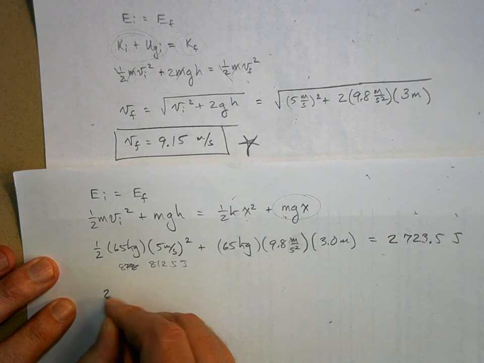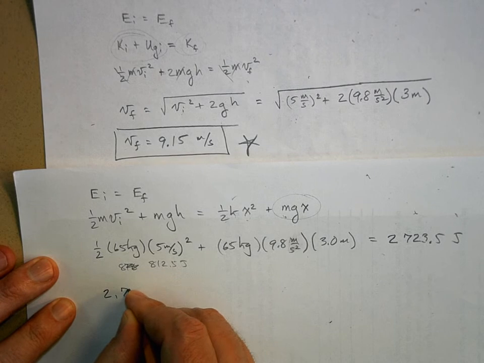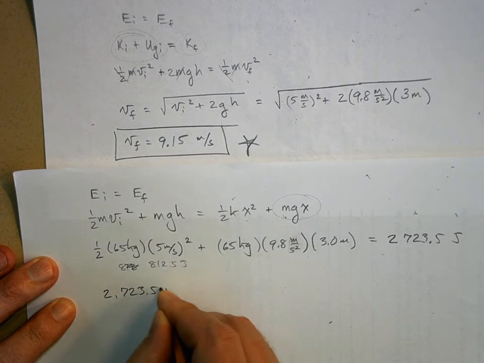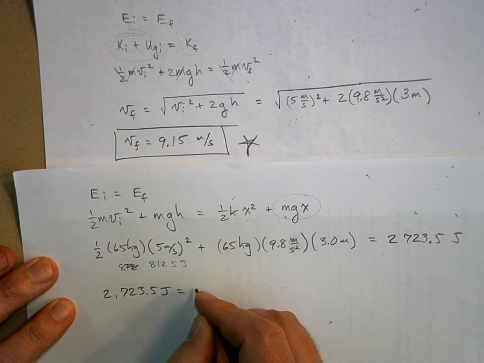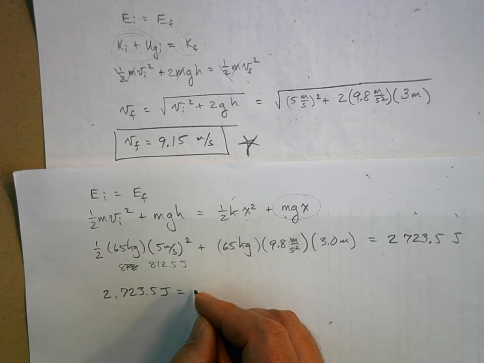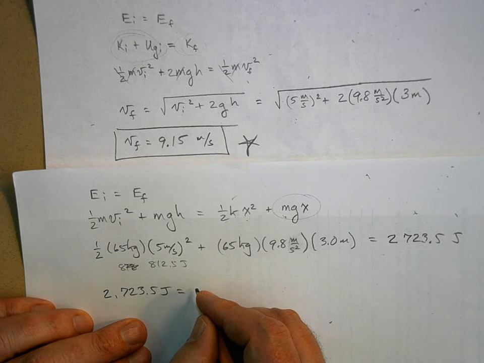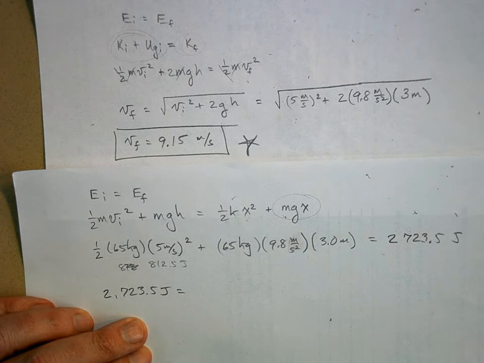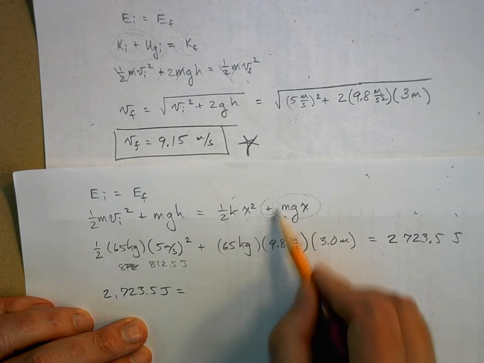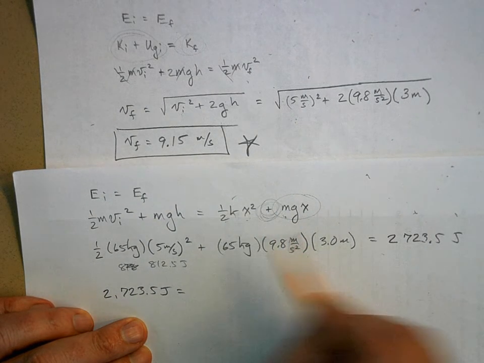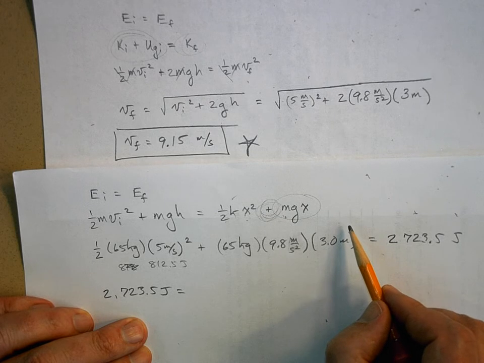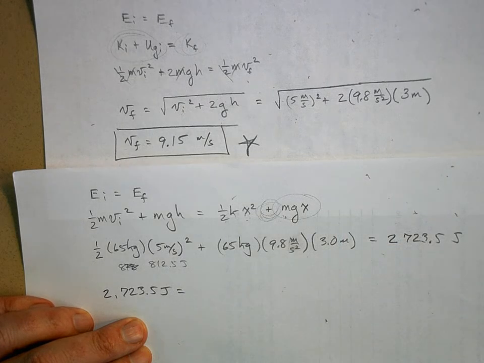So 2,723.5 joules is equal to, okay, here's where I'm getting confused. Should I make this negative or just keep it positive and I'll get a negative x? I think I'll just keep it positive and see what happens.